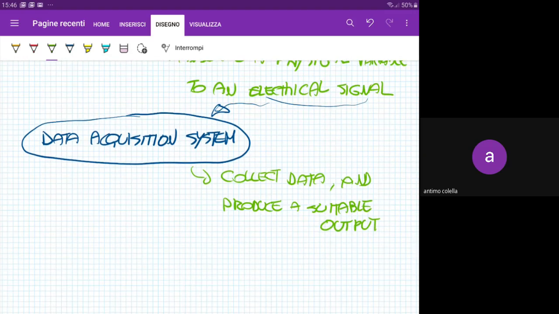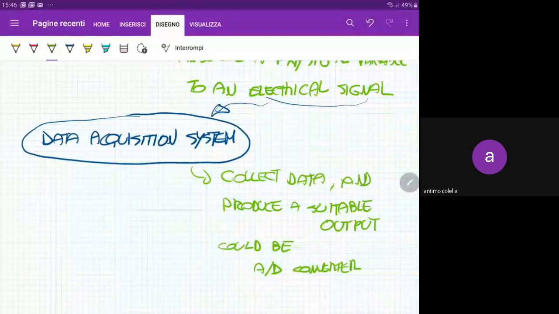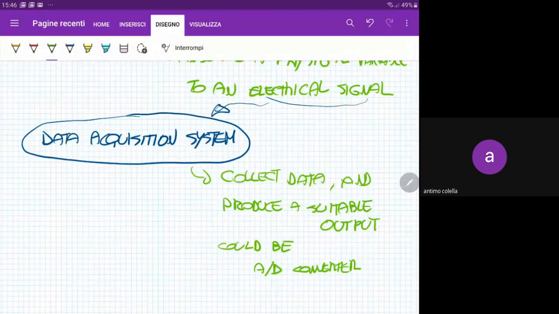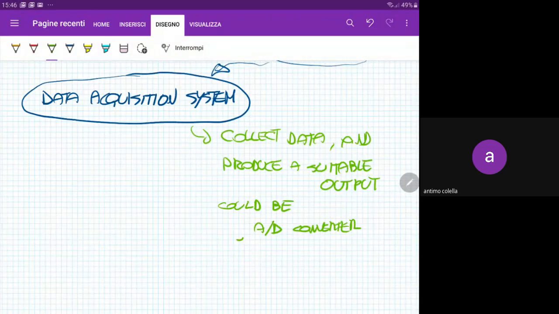And this output could be, for example, an AD converter, an analog to digital converter, could be a PC, could be whatever other thing.